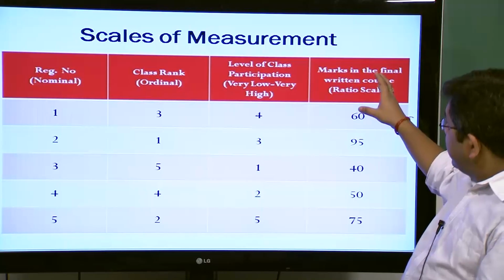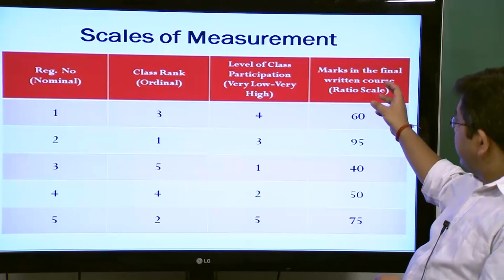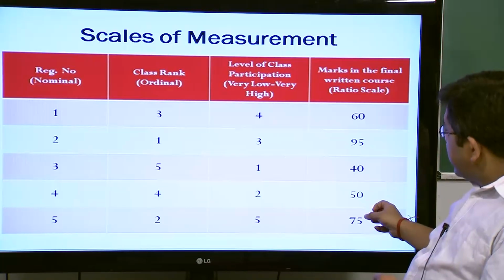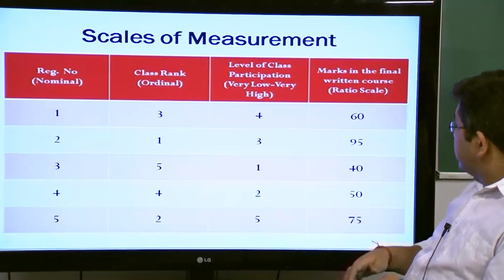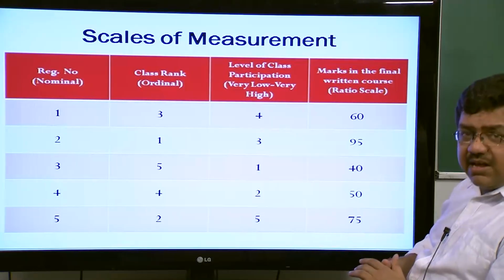where this is an objective type exam of 100 marks, in which they have scored out of 100. So, you can see that student 1 has got 60 marks, student 2 has got 95 marks, and these are the absolute marks.